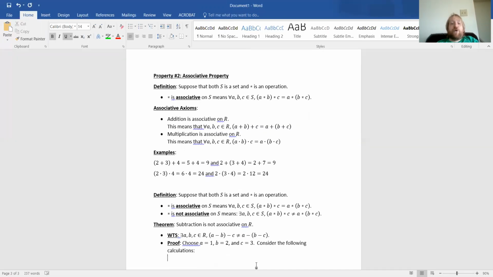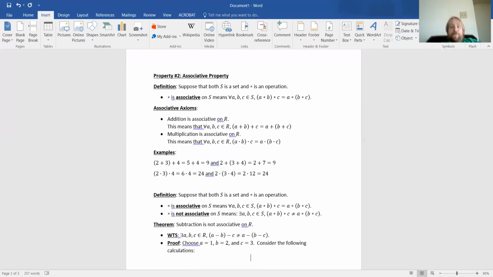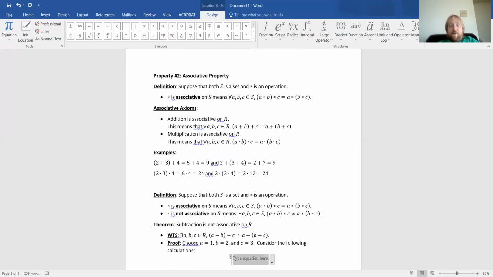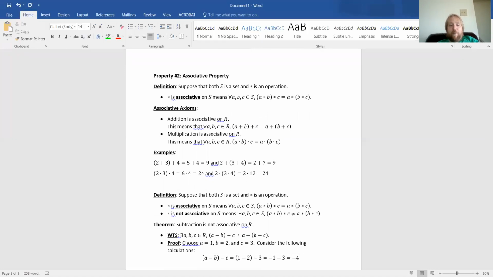Now, remember, to show that two things aren't equal, we just calculate each side separately. So, a minus b in parenthesis minus c equals 1 minus 2 minus 3 equals -1 minus 3 is -4.